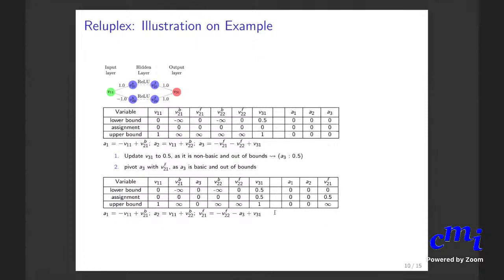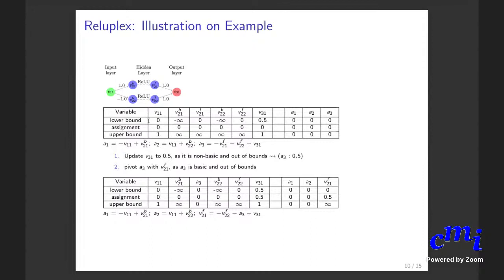Now here, all the bounds are satisfied, correct? V11 is within its bounds, V21B is within its bounds, V31F is within its bounds, and so are A1, A2, and V21F. So as far as the LP instance of the over approximation is concerned, everything is within bounds. But this is a solution I got by throwing away all the ReLU constraints.